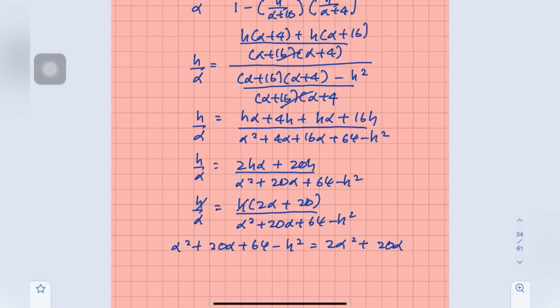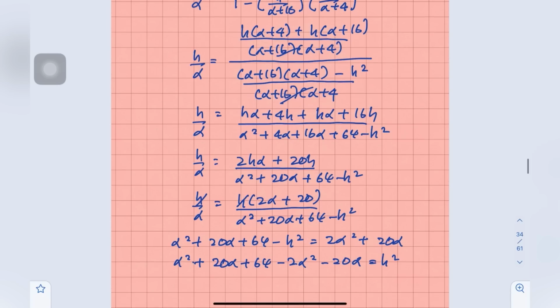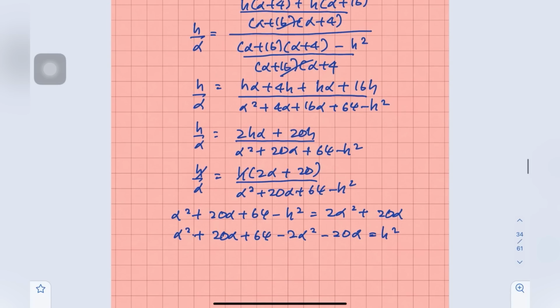So this one we can find alpha squared plus 20 alpha plus 64 minus 2 alpha squared minus 20 alpha equals H squared. Okay, so then we can simplify.